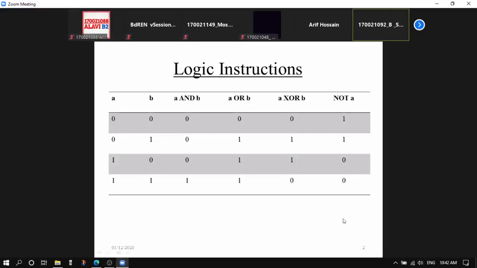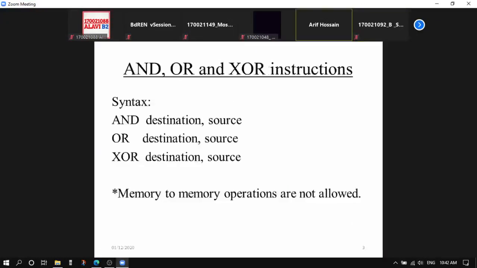The next thing is all these operations can be done in your 8086 microprocessor. The syntax is very simple. First of all, you provide the operation that you want to execute, like AND or XOR. Then you will provide the destination first, then the source. There will be an AND operation between your destination and source, and the result will be stored in destination.